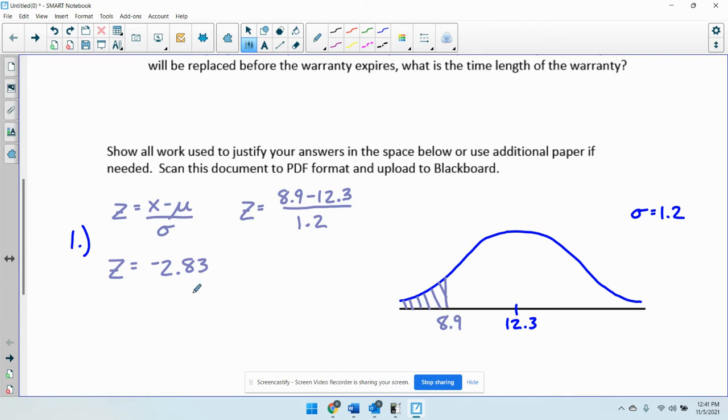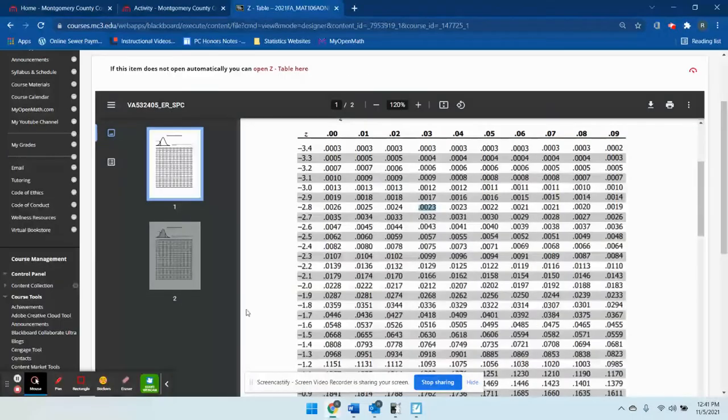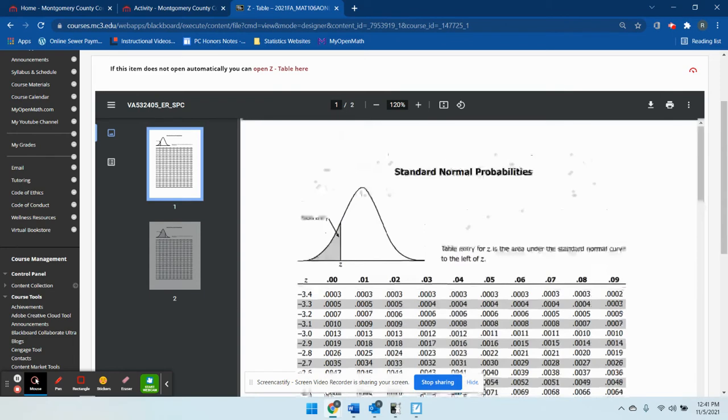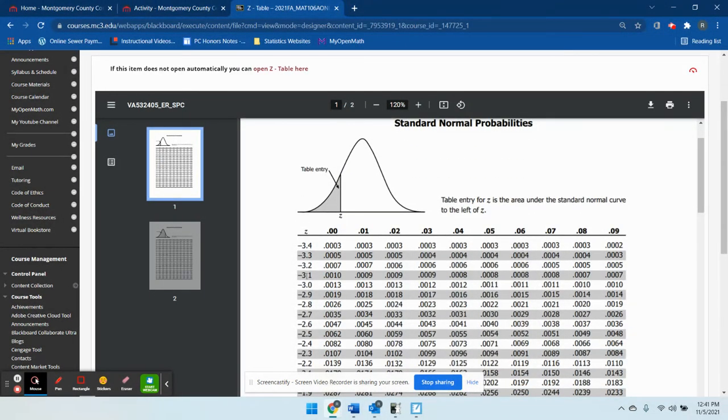That's a z-score. So in order to convert that to this area, I'm going to use the z-table. That's located on our Blackboard page under Course Materials, Unit 3. So I pulled it up right here. I'm on the negative side, looking up negative 2.83. Here's negative 2.8. Here's the hundredths place.